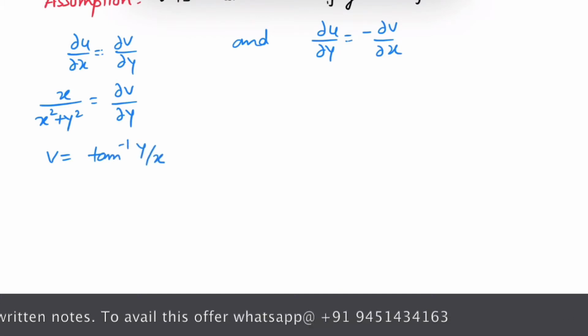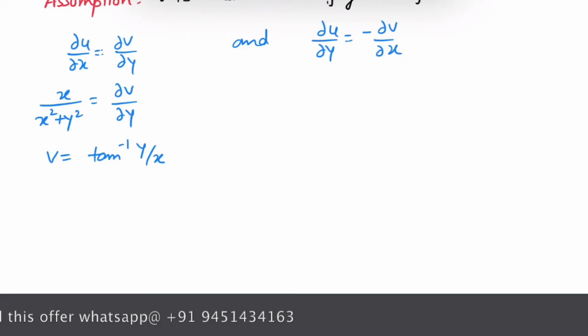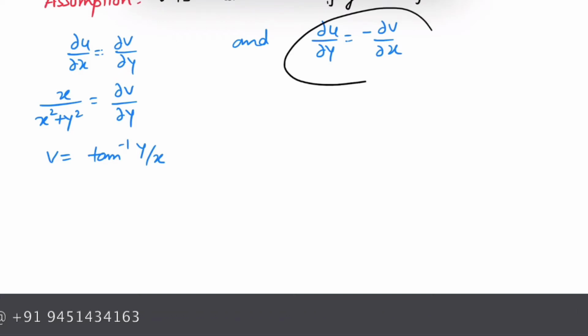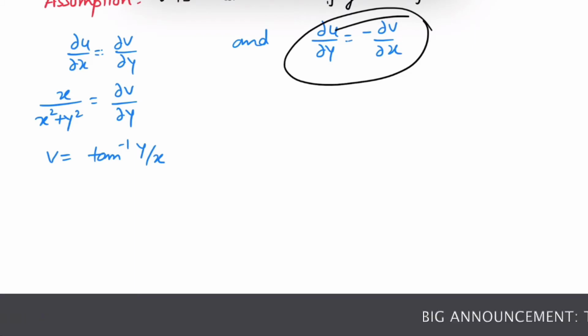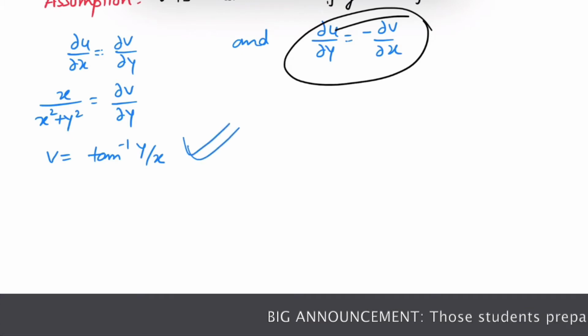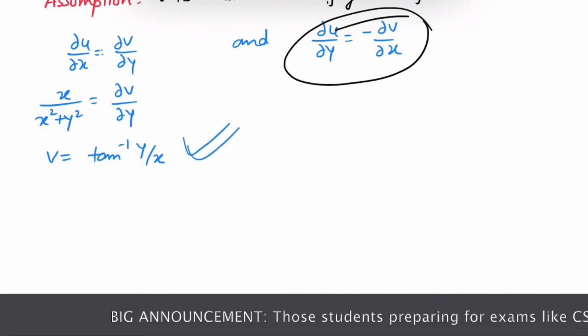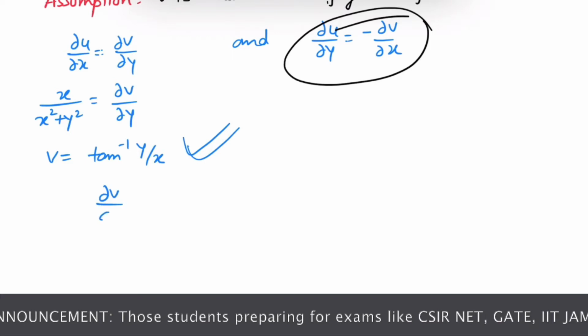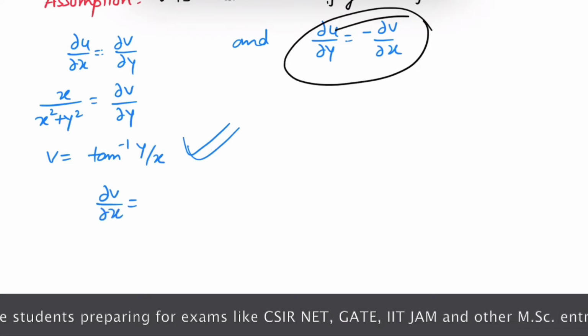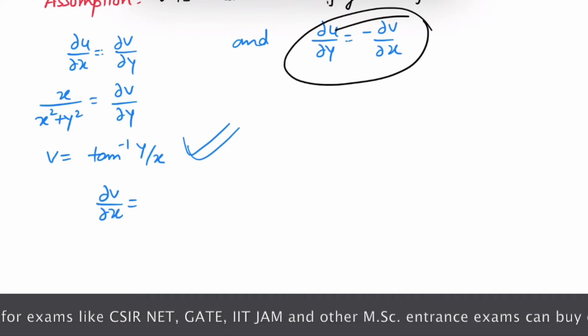Now let's see whether this function v satisfies the other equation or not. For this we need to find del v over del x. Del v over del x will be the differentiation of tan inverse y over x.